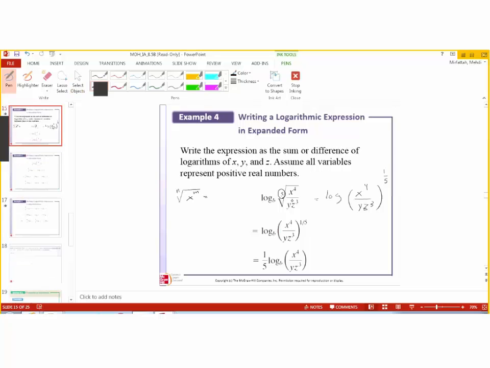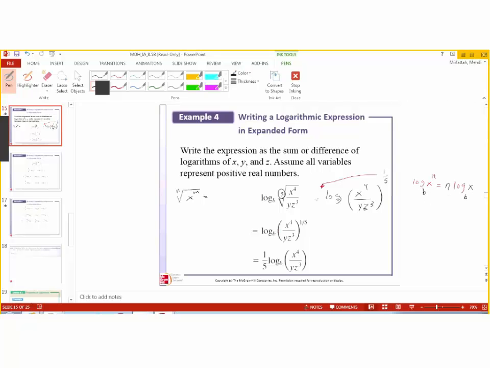Okay, so back to this one. So in this case, this would be to the power of 1/5. We can bring this 1/5 right up front because of the property we have. Log of x to the power of n is equal to n times log of x.